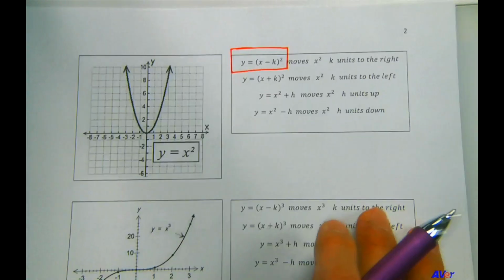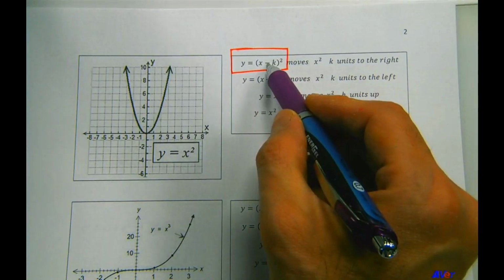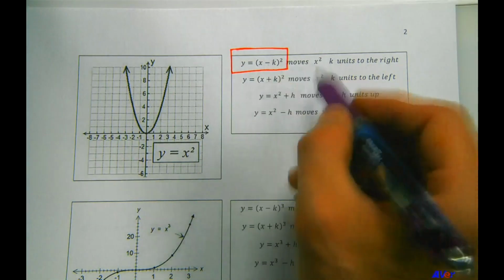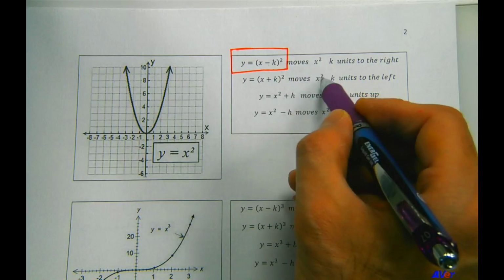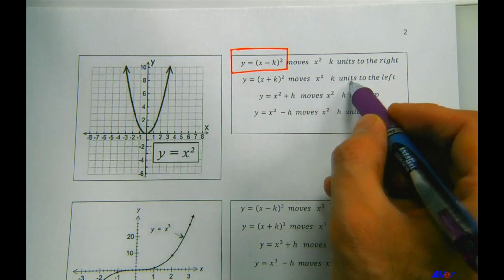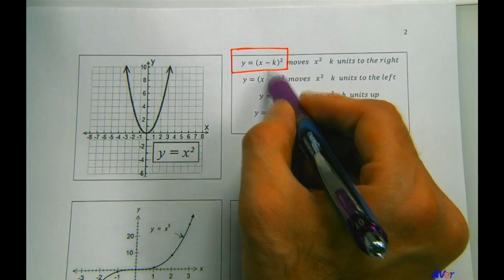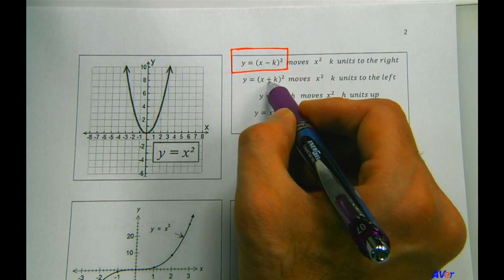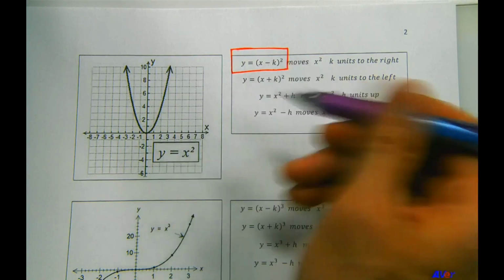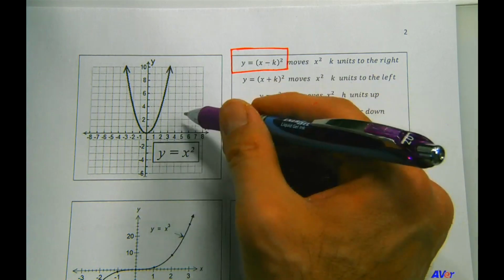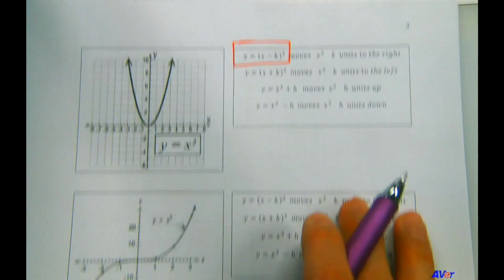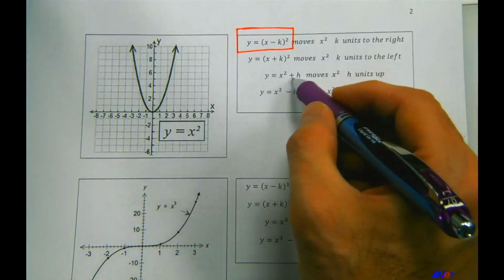By the same token, if that algebraic sign changes to positive, then this function moves the x squared function k units to the left, because that means k must have been negative, right? So movement to the left, towards the negative side of the x-axis.